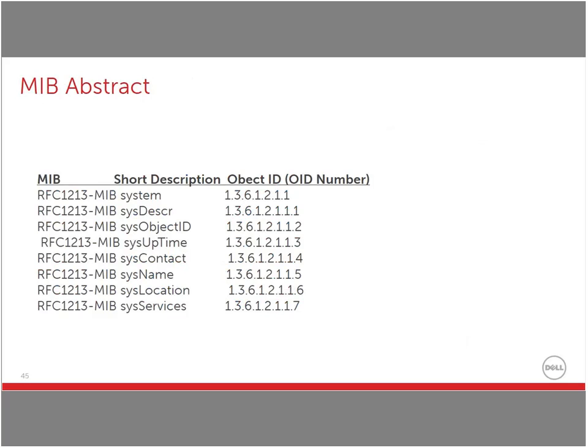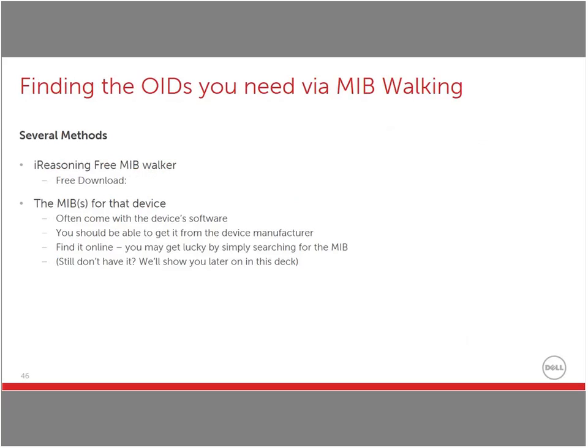Okay, so again, this is an example of the RFC 1213. So out of the box, this should look familiar to you because this is stuff we're basically providing to you out of the box by default whenever you enable an SNMP device for inventory in the K1000.